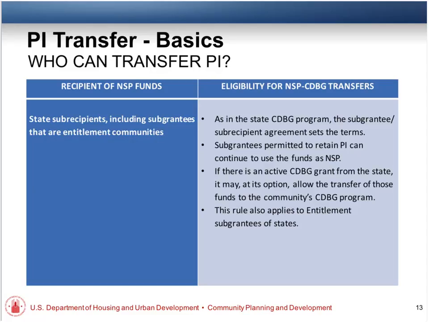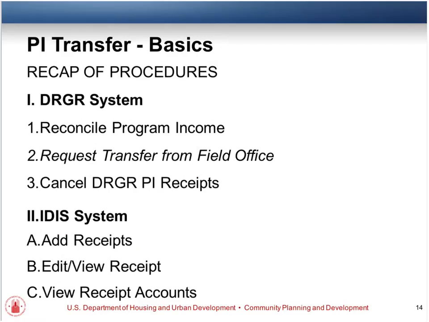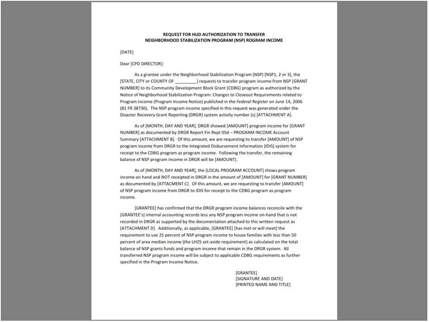Next slide, please. Great. Okay, so for this section, I think we're going to turn it over to Ebony, and she's going to give us just a general recap of the program income transfer procedures. After that, we will talk specifically about the request template, and just so everybody has a quick view of what that looks like, it is part of the program income procedures that are on the HUD Resource Exchange.